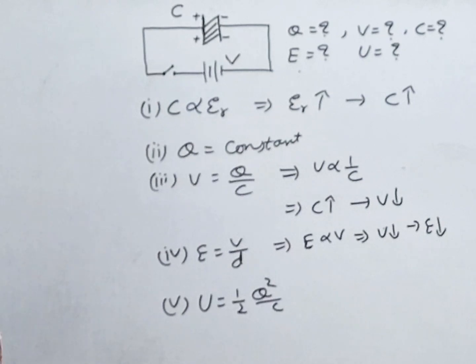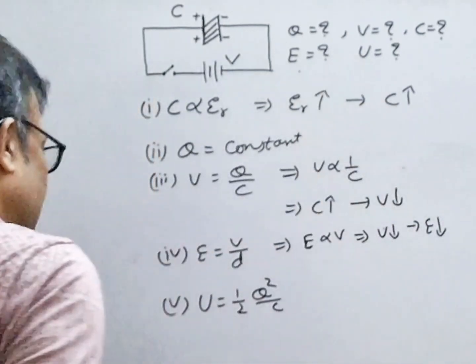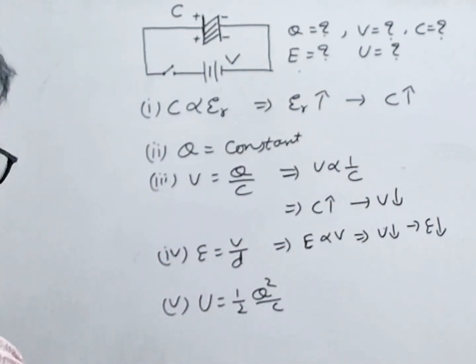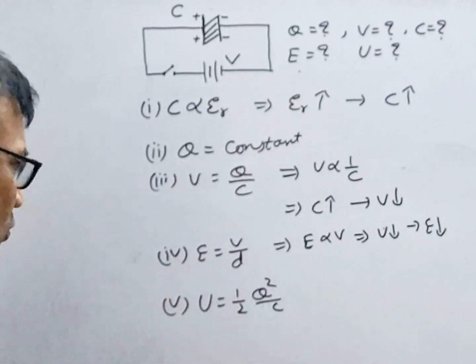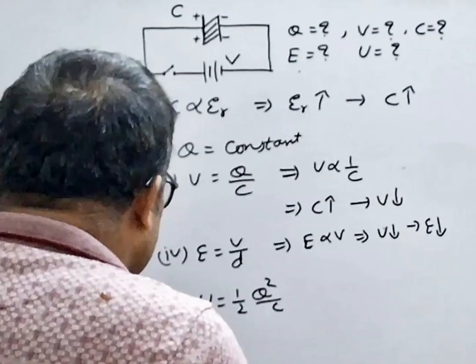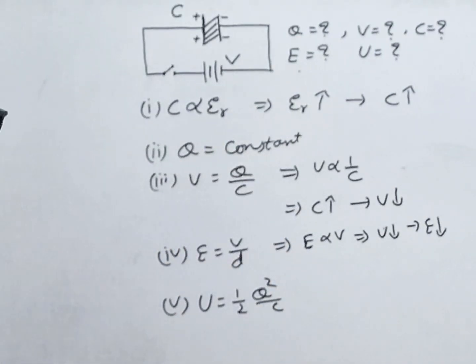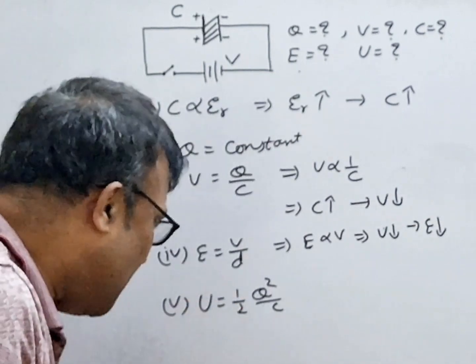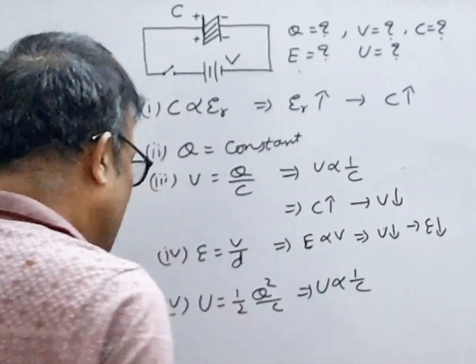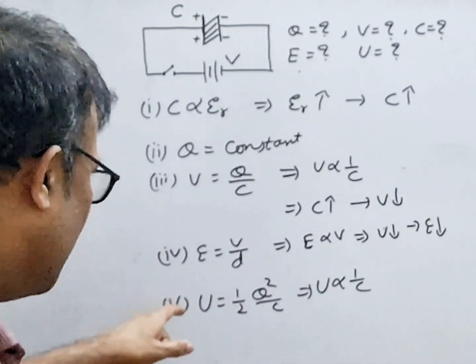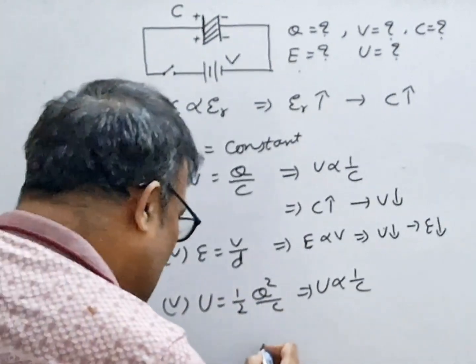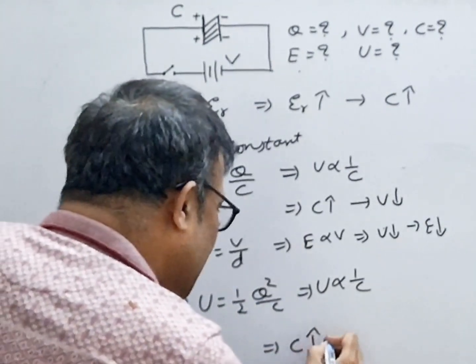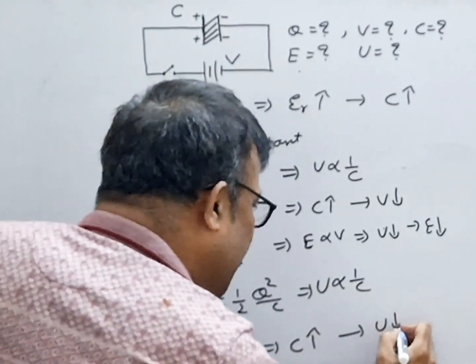Now the last quantity is energy stored between the plates of the capacitor. Again we use the formula in which one quantity must be constant. We know that Q is constant, therefore we use the formula U equals half Q square by C. Now Q is constant, therefore U will be inversely proportional to C. As C is increasing, therefore U will be decreasing.